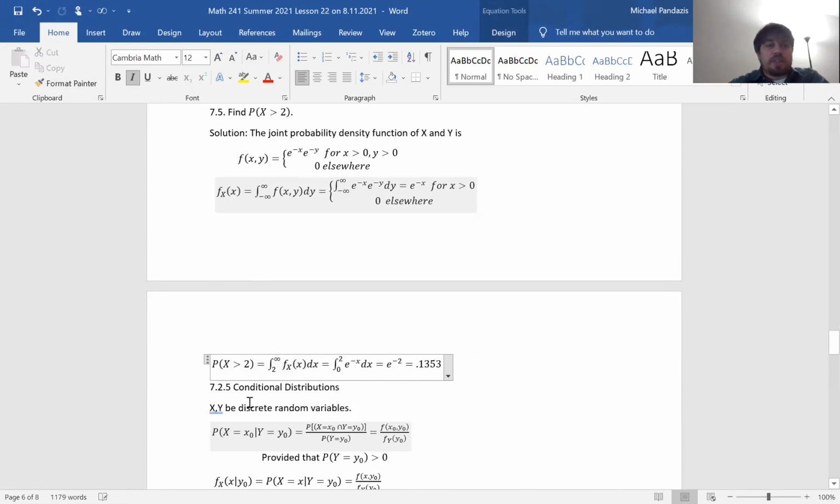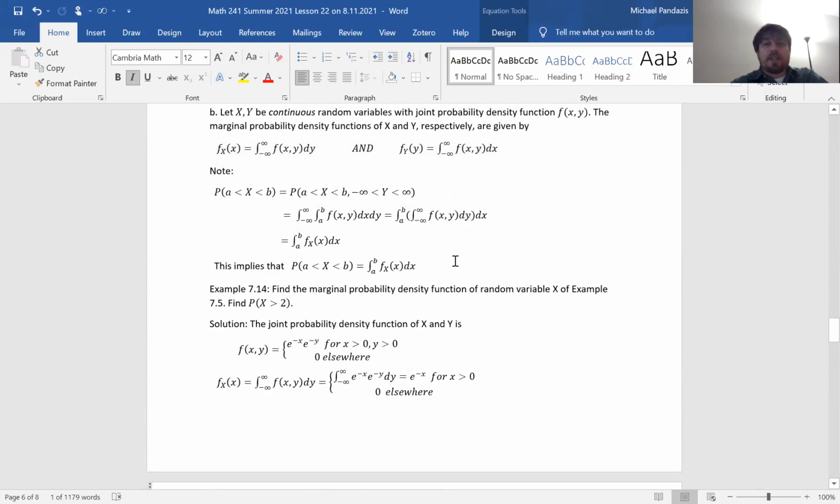This is equal to integrating from 2 to infinity of the marginal probability density function of x dx. Right, this is the probability that capital X equals some fixed value little x, and so you want to integrate that from 2 to infinity. Remember, we have more than one variable in this example, but this is now the probability that capital X equals little x.